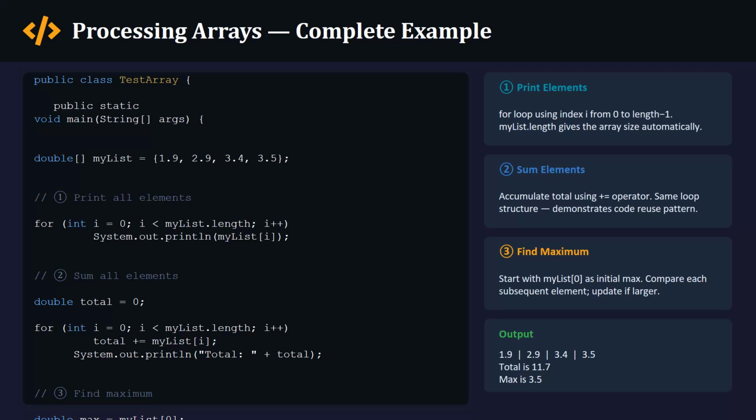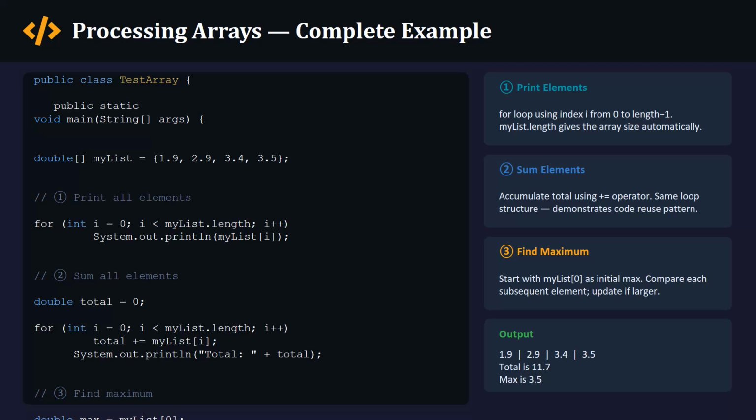You accumulate the total using the plus equal operator, with the same loop structure as demonstrated in this code. Then we have finding the maximum, which starts with the first element of myList as the initial maximum. Then compare each subsequent element and update if it is larger.